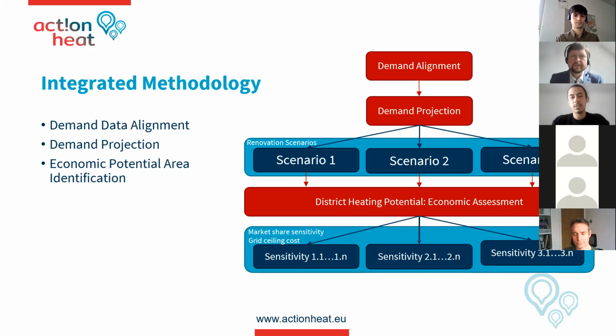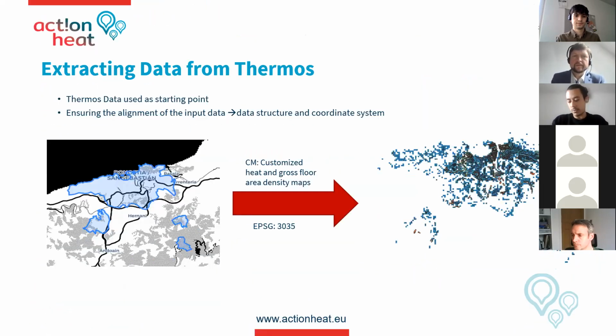And for each of these different scenarios, we subject it to the district heating potential economic assessment calculation module within Hotmaps, and based on the sensitivities provided as per the market share and the grid ceiling cost, we are able to generate potential areas under each of these sensitivity scenarios to identify the most feasible areas where networks can be developed.